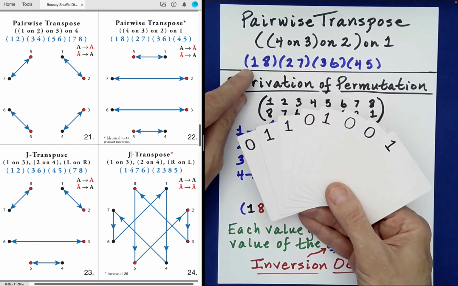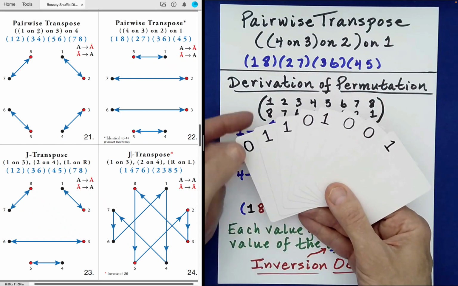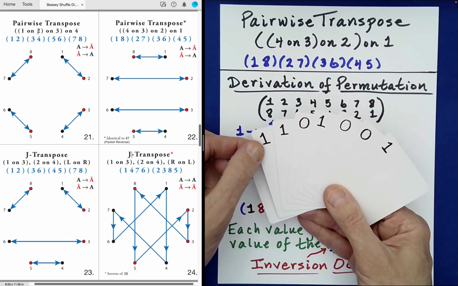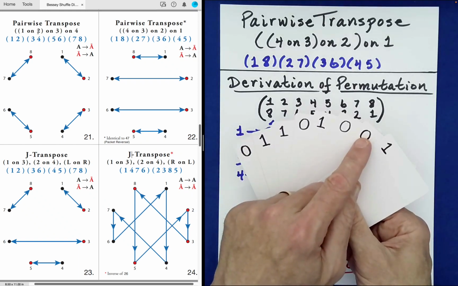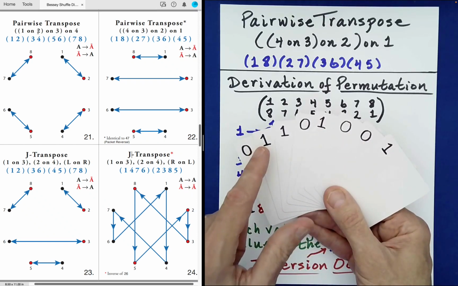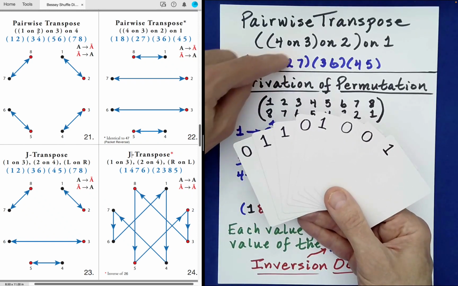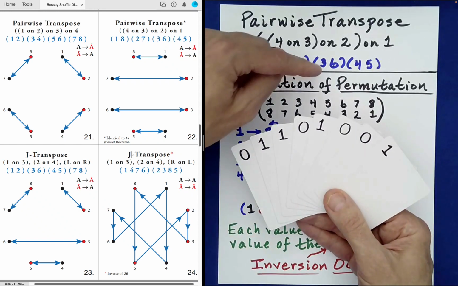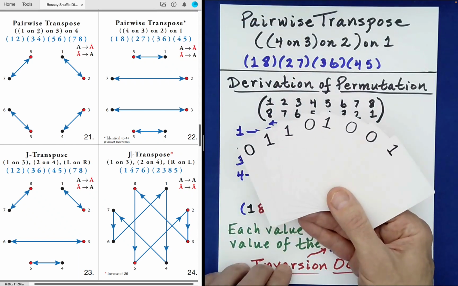Because right here we see that 1 goes to 8 and 8 goes to 1. Similarly, the second card, which is now a 1, switched places with the 7th card, which is now a 0. So that 0 here used to be here, and that 1 there used to be there. So that's why we have a 2, 7, 2 cycle. And similarly for positions 3 and 6 and positions 4 and 5.